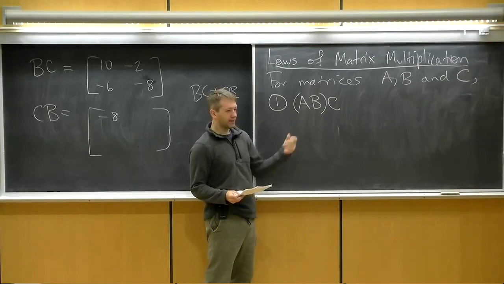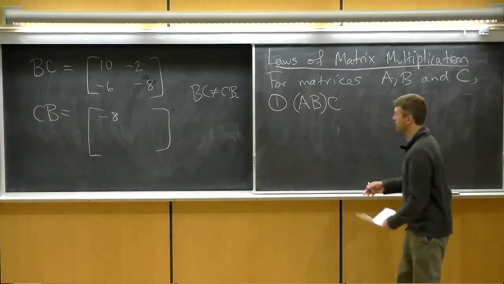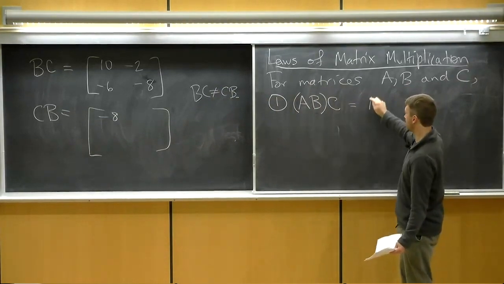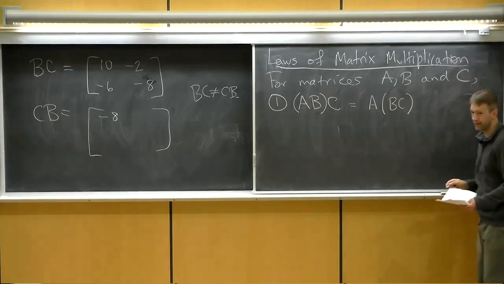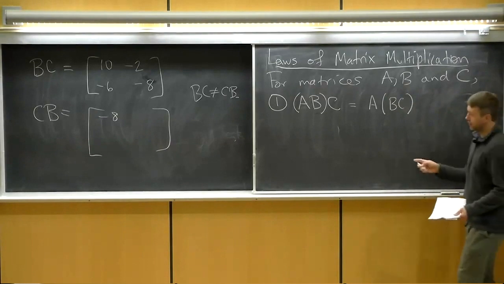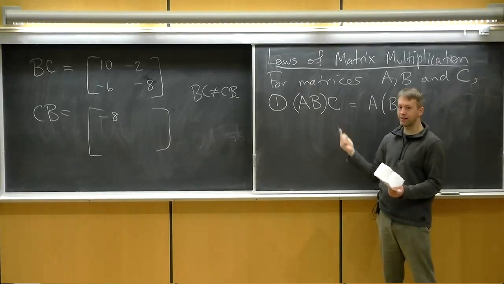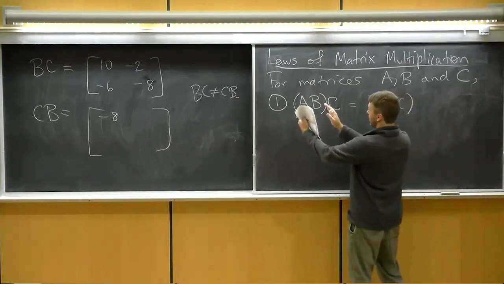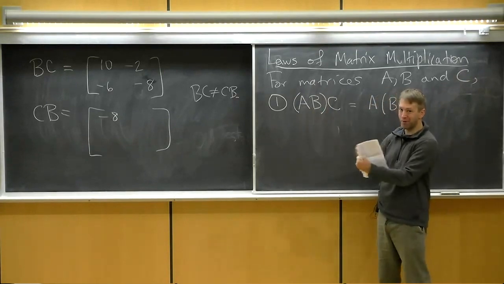If the product doesn't make sense, we wouldn't multiply it. So assuming this makes sense, then (A times B) times C is the same as A times (B times C). Basically the idea is if you're multiplying 3 different matrices, the order in which you do the multiplications doesn't matter. The order of the matrices themselves matters; you can't move them around.